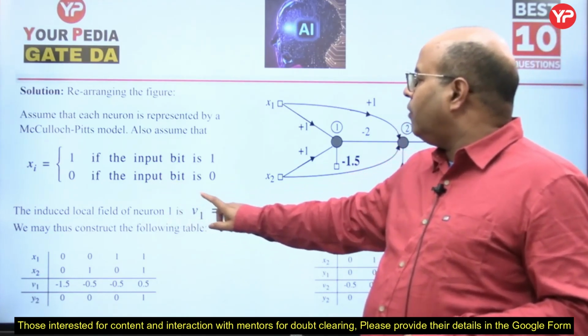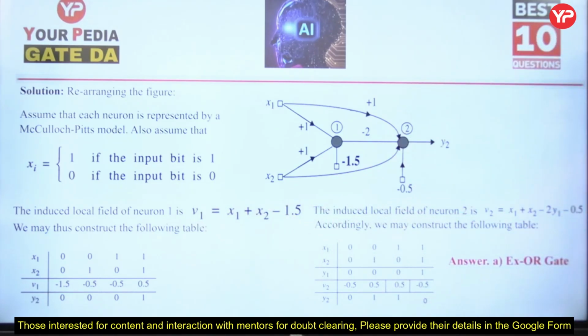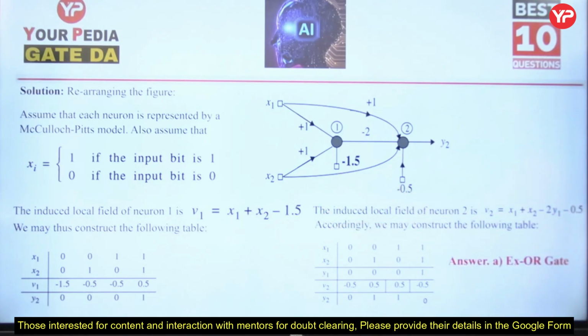The induced local field of neuron 1, V1, is equal to x1 plus x2 minus 1.5, and you can keep the values and make this chart. And then V2 will be x1 plus x2 minus 2y1 minus 0.5. From this chart you will get this equation, and accordingly we may construct this table.